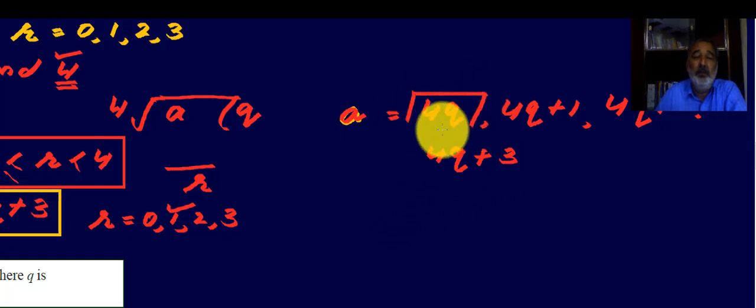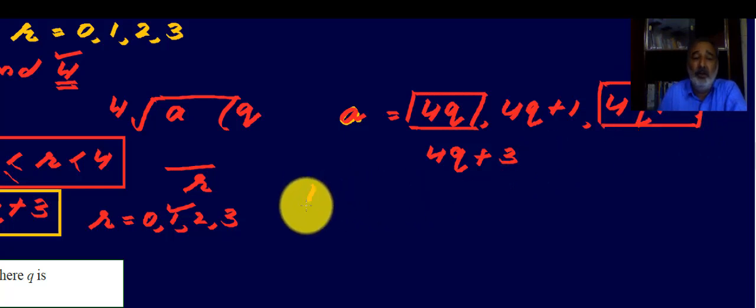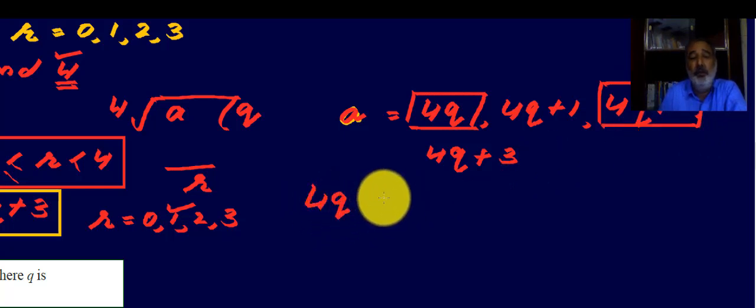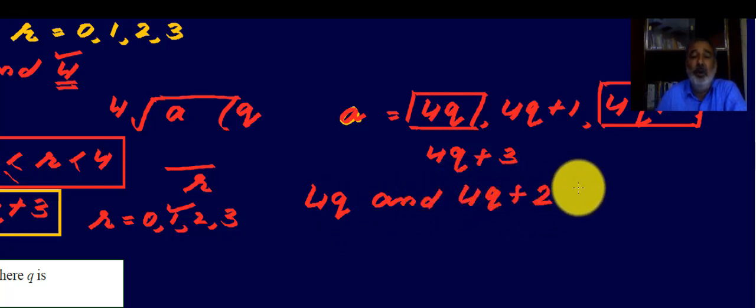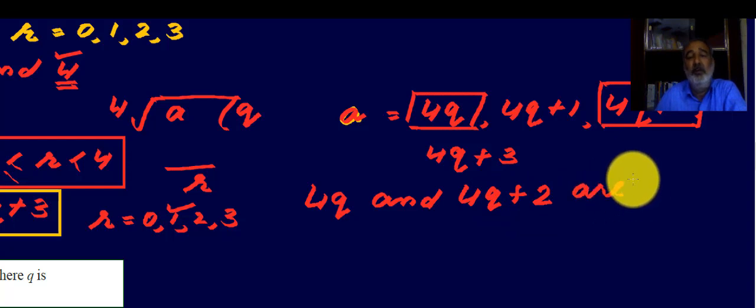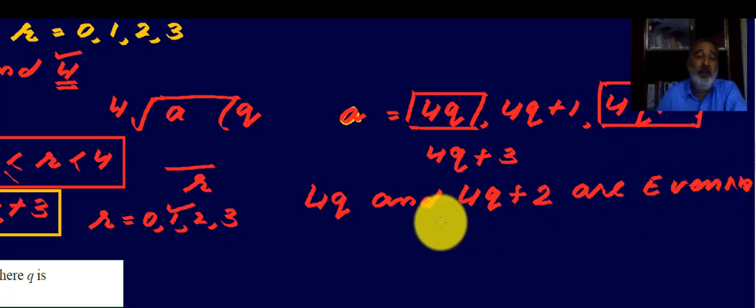Check this number and this number. You have to state separately that 4q and 4q plus 2 are even numbers as they are divisible by 2.